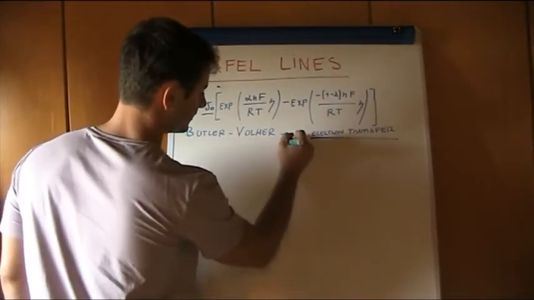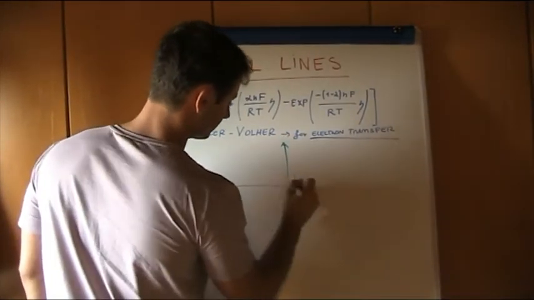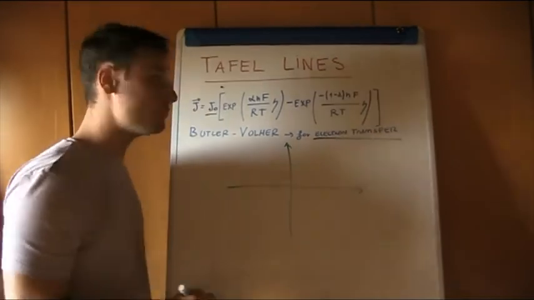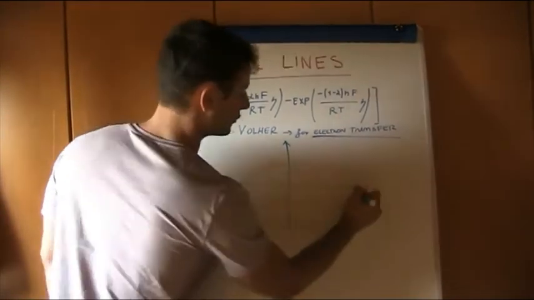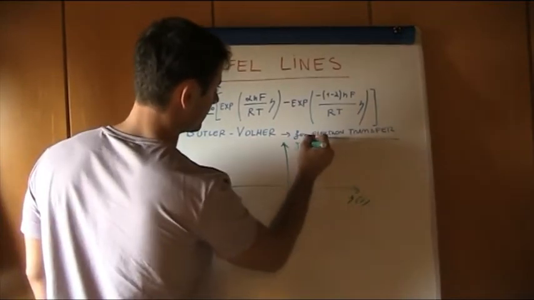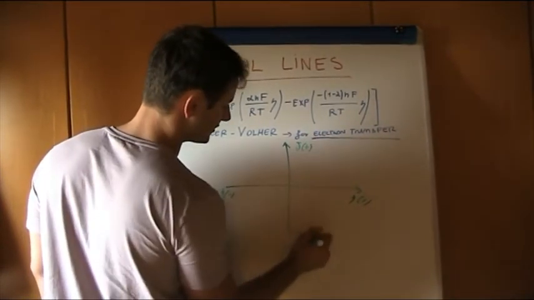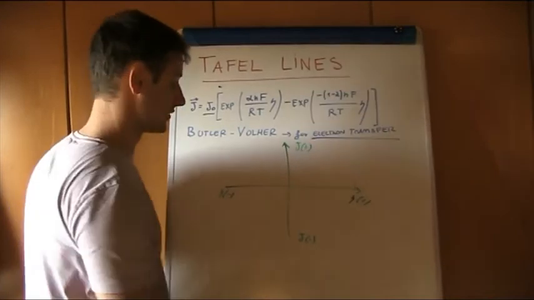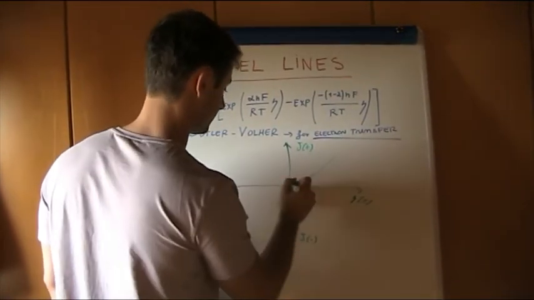remind, for instance, what a classic Butler-Volmer plot is. So looking at the relationship existing between the current density and the overpotential, maybe something like this.